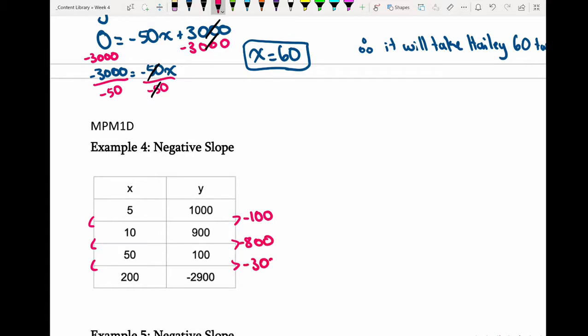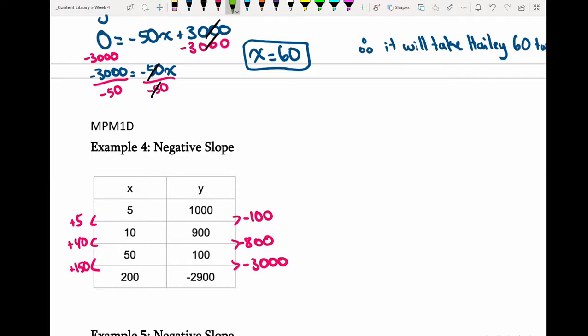And the next one we decrease by 3,000. On the x side, we're increasing by 5, increasing by 40, and increasing by 150.